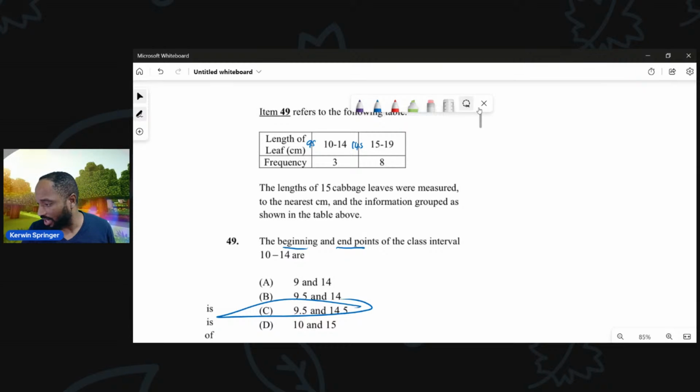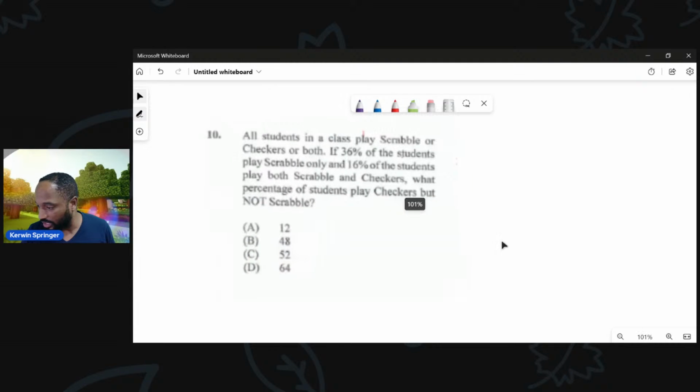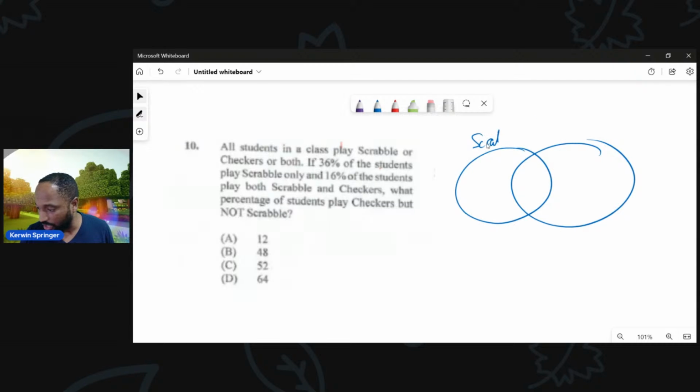I can't pronounce that name, but I can do the question. All students in a class play Scrabble or checkers or both. If 36% play Scrabble only, let me draw this up. We can put the Scrabble on this side, and we can put the checkers on this side. 36% of them play Scrabble only, so I can put it in this piece here. 16% of the students play both Scrabble and checkers.